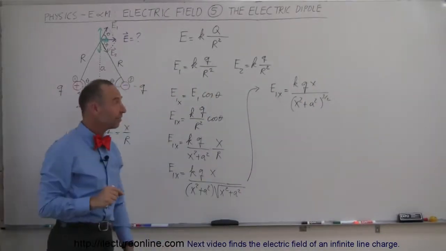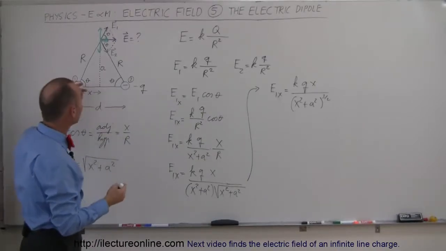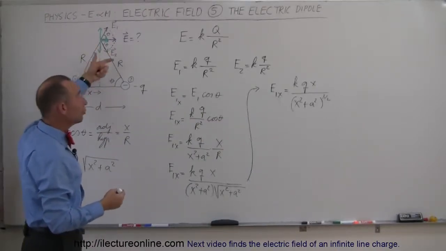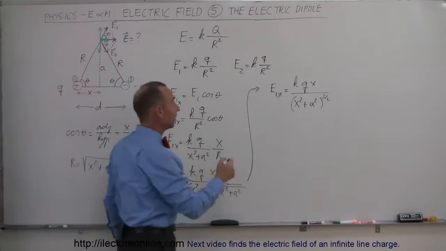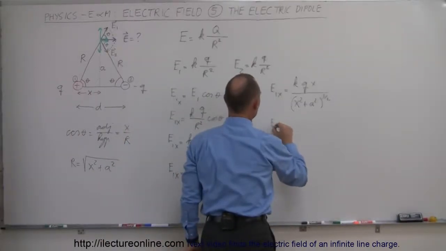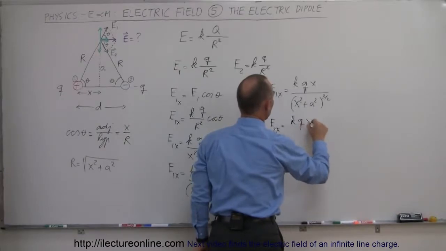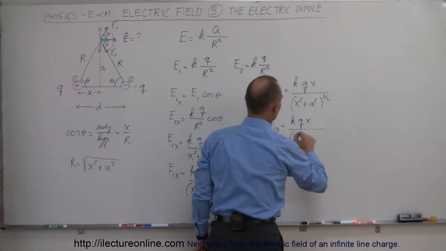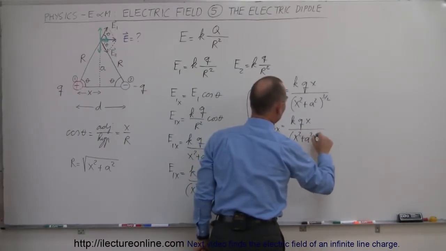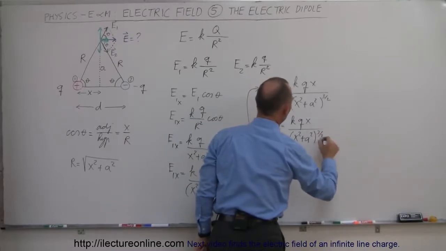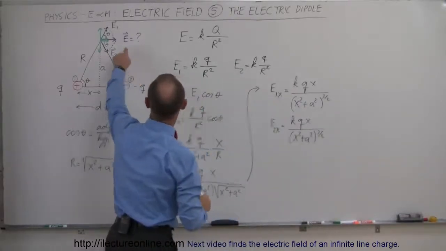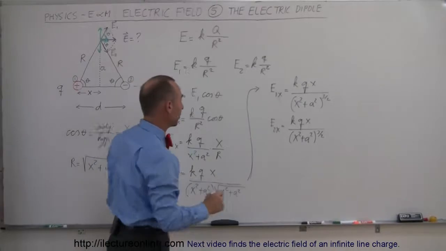All right, so that's E1 in the x direction, and because of the symmetry here, we know that E2 in the x direction should be the exact same amount. So we can say that E2 in the x direction, therefore, also is k q x divided by x squared plus a squared to the 3/2 power. And then, of course, we can see that E is simply the sum of the two x components.